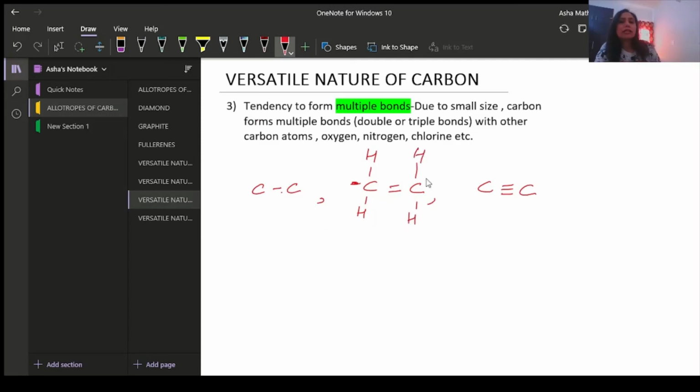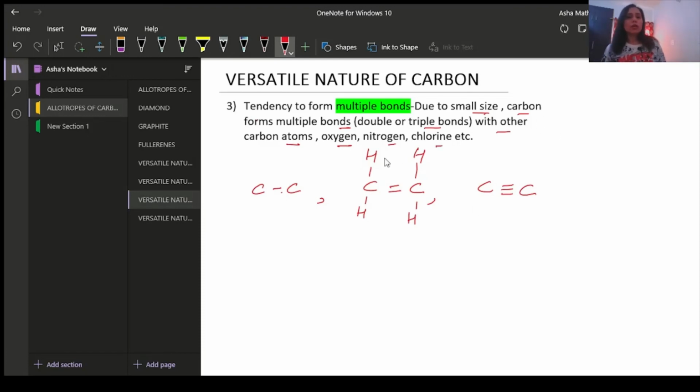So you are seeing that carbon can form multiple bonds in a compound. So this is another reason why carbon forms so many compounds. Due to its small size, carbon forms multiple bonds, that is double or triple bonds, with other carbon atoms, with oxygen, nitrogen, chlorine, and with hydrogen.